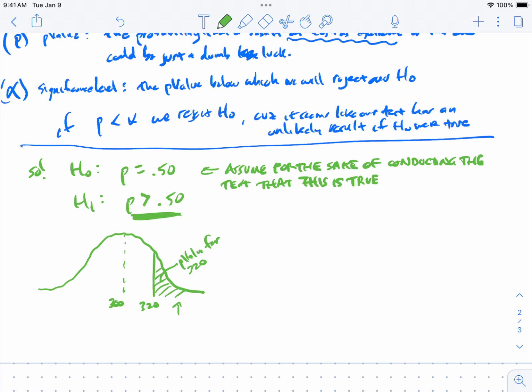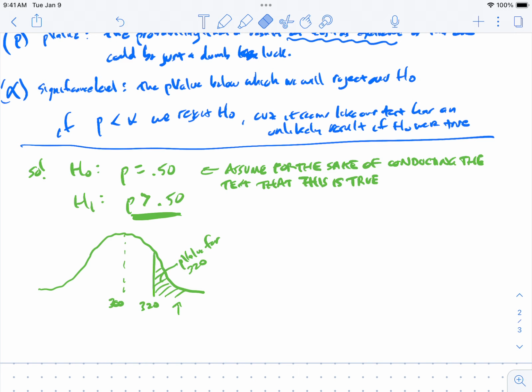So greater than 50% is to the right of our test value. And we want to know, what's that area? What's the probability of getting something even bigger than 320? If it's a real good chance, if it's a high p-value, that means 320 is within what we expected. If it's a low p-value, it's not in the range of what we expected. We'll reject the h naught.